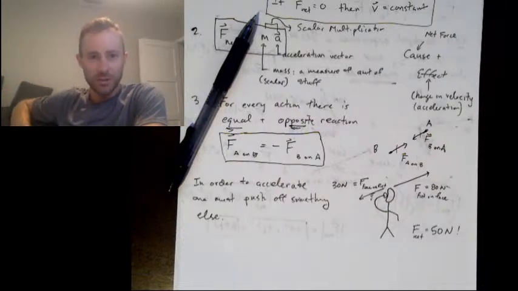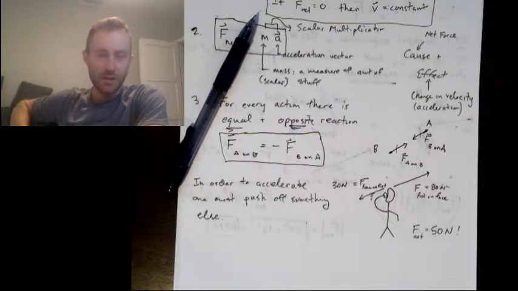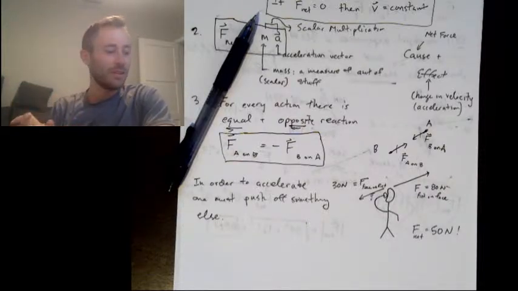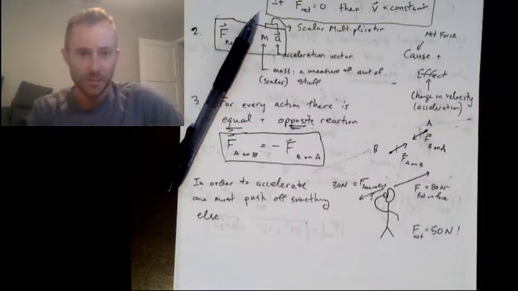So you want to make sure that you have enough reaction mass before you try to go into space, all right? Otherwise, you're going to be in a lot of trouble. So, there's a lot of planning that goes into space flight, okay? Because you got to make sure you have enough reaction mass.